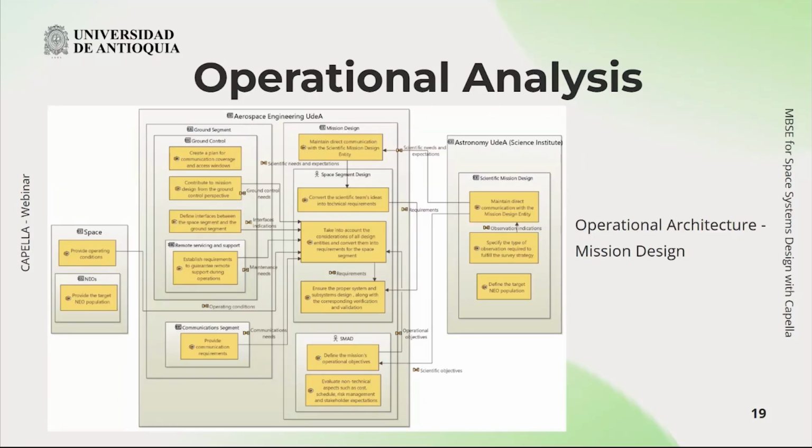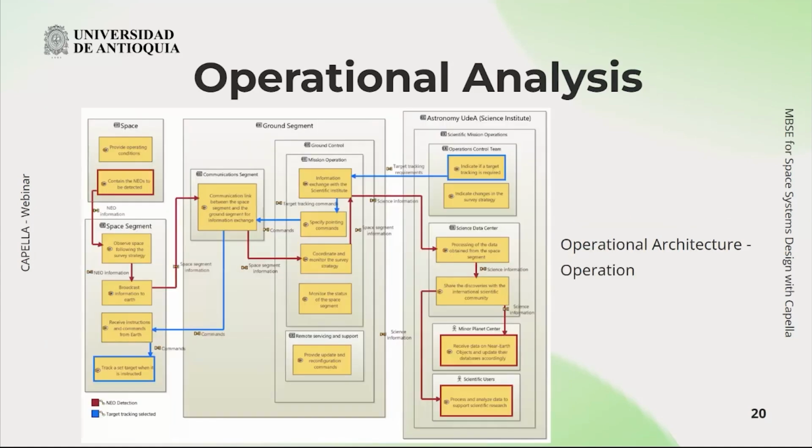And with the operational architecture, it was important to make this mission design architecture because when we are designing a mission, it is relevant to understand all the stakeholders and all the entities which are involved in the mission project. Of course, the space will always be present because it provides the operational conditions.